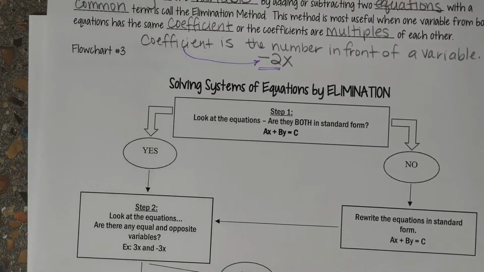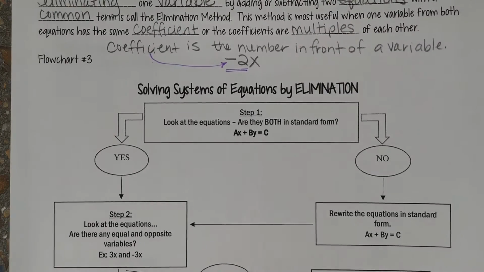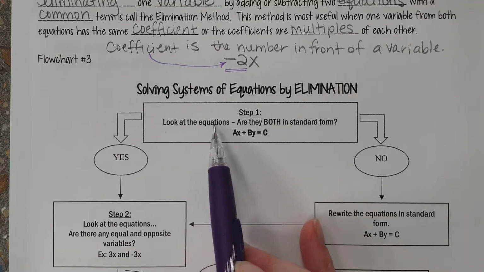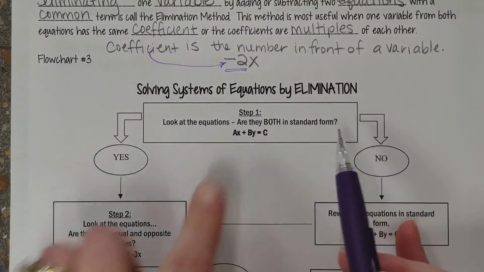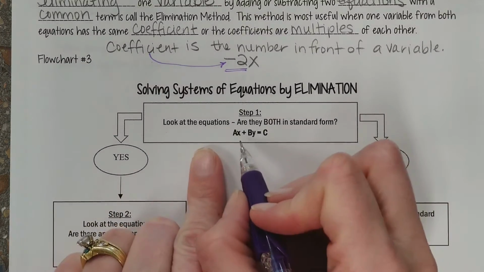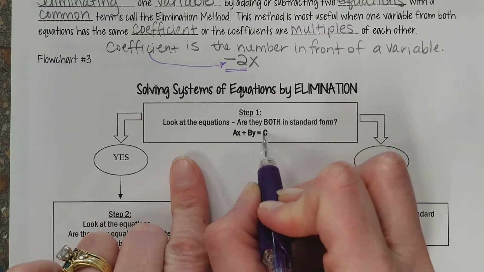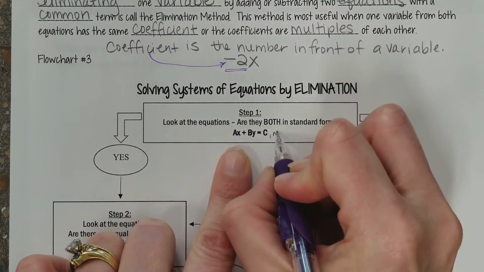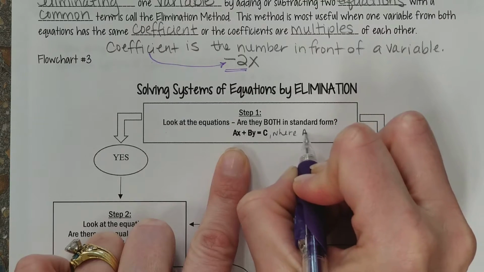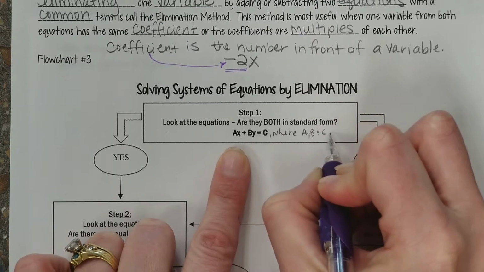Now, step one, if you look at your flow chart or just look here, it says look at the equations. Are they both in standard form? One thing I want to point out is standard form is always ax plus by equals c, where a, b, and c are numbers.